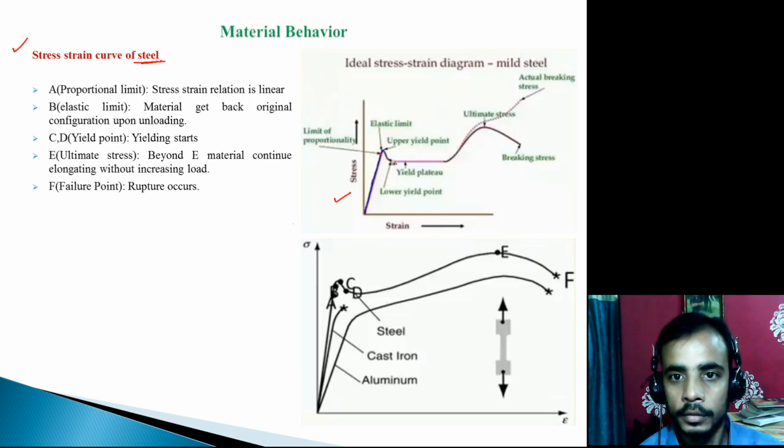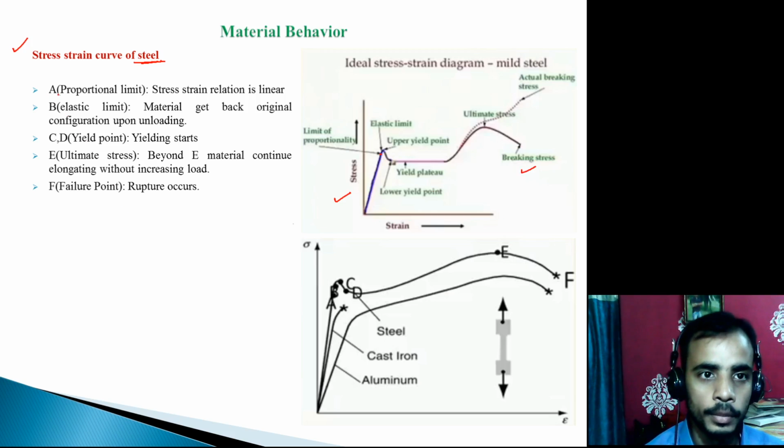Okay, then it goes straight, then again the stress increases with increase in strain, and this is the ultimate stress point, and after the ultimate stress point the stress decreases, but if you increase the strain, finally it breaks.